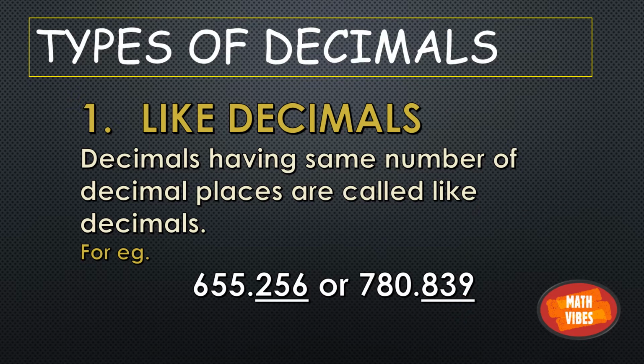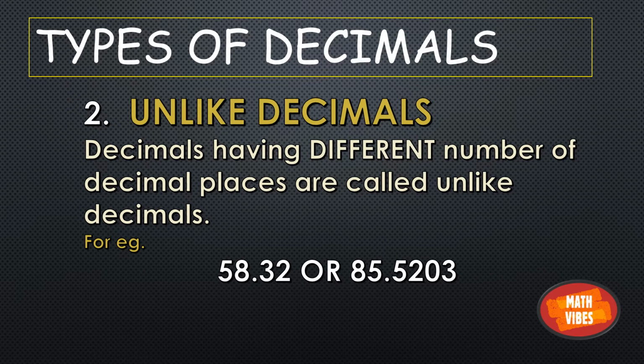All right, now let's look at unlike decimals. Unlike decimals are the decimals that have a different number of decimal places. That is, in their decimal part they have a different number of digits. Now if you look at 58.32, it has two decimal places, and 85.5203 has four decimal places, right?